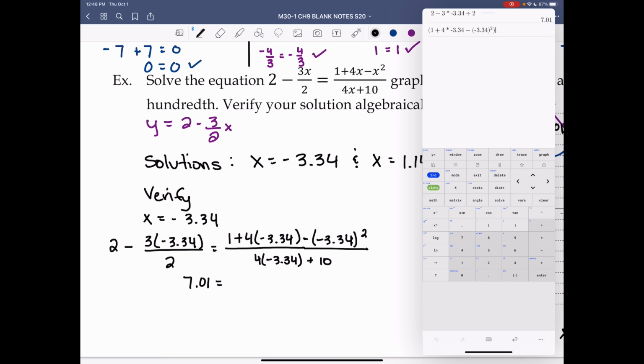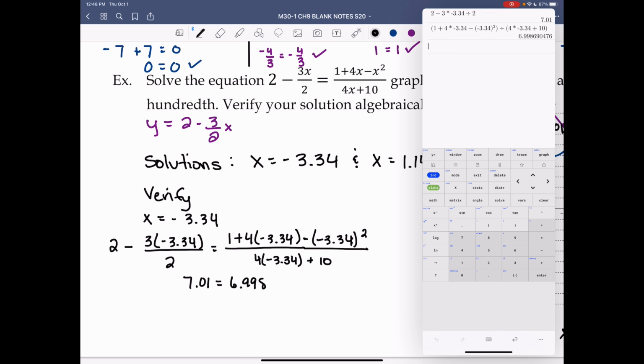Close the bracket for the numerator, divide, open bracket for the denominator, 4 times negative 3.34 plus 10, close bracket for the denominator, and we get 6.9986... Since these solutions, x equals negative 3.34, were rounded, we would expect the two sides might not be exactly equal, but they're very close, so we say that that's verified.